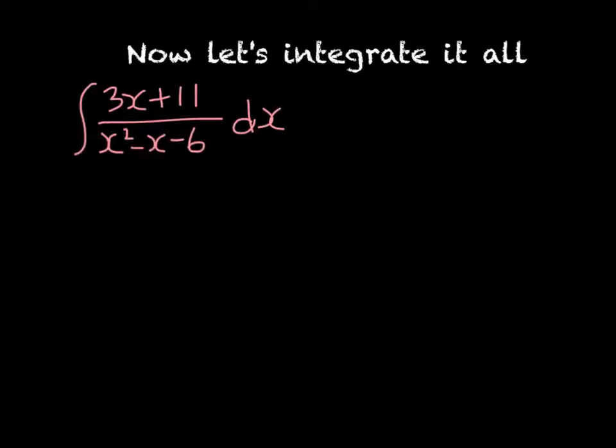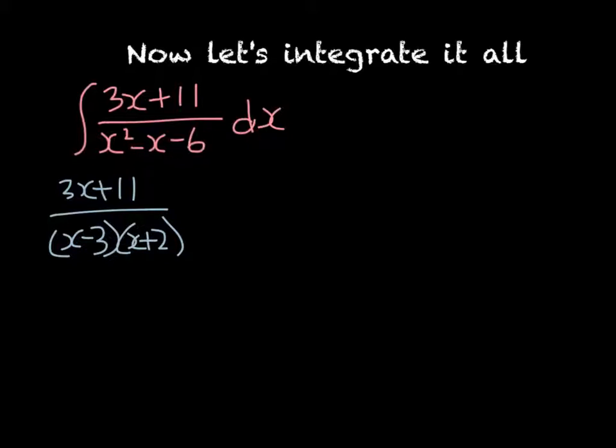So we'll start by factoring the denominator. And that'll be x minus 3 times x plus 2. and then we'll set that equal to a over x minus 3 plus b over x plus 2.